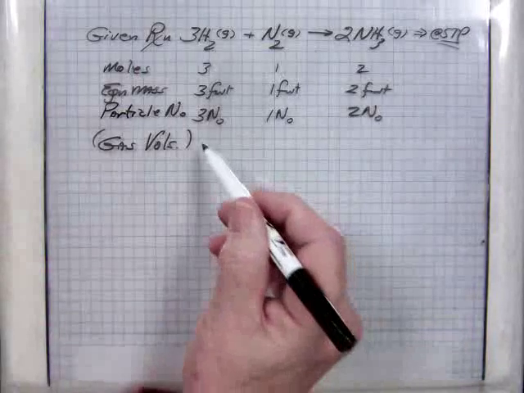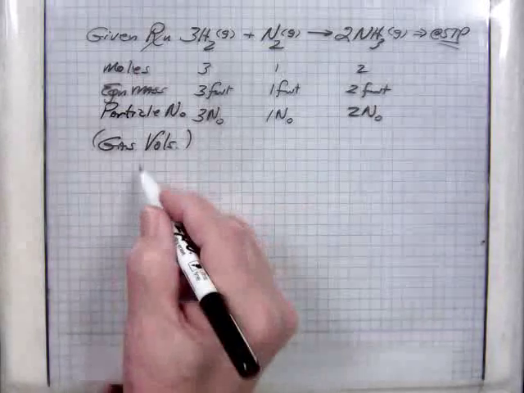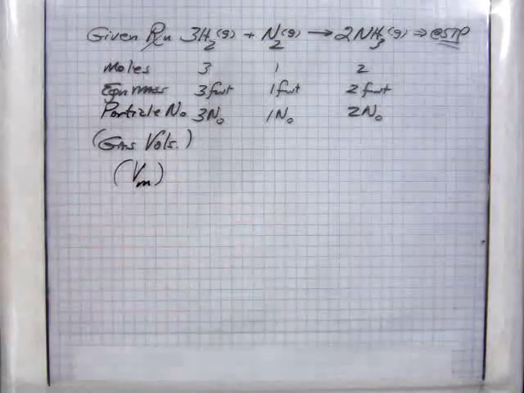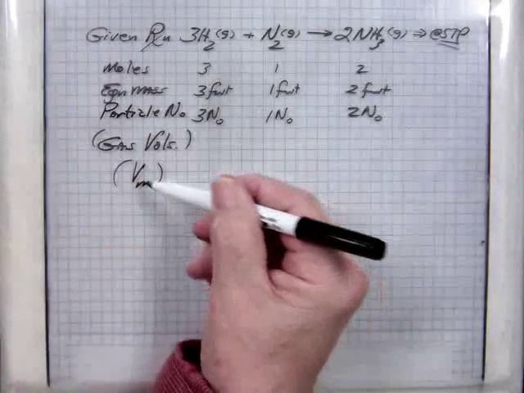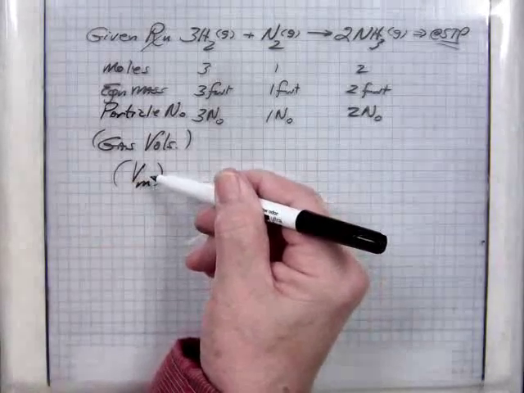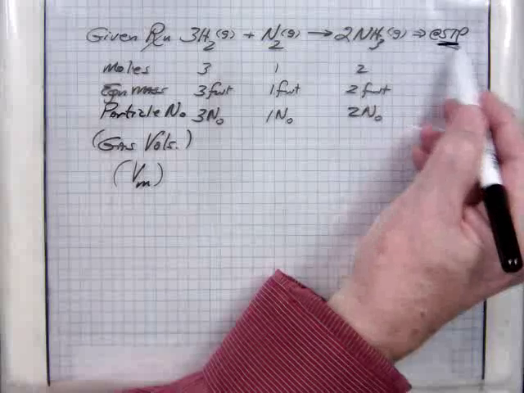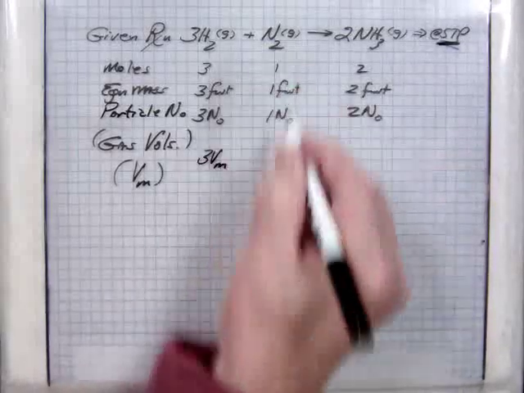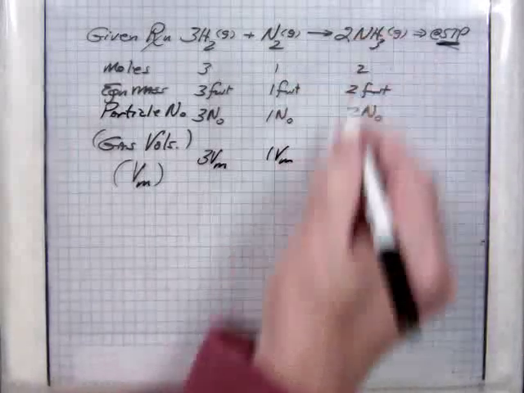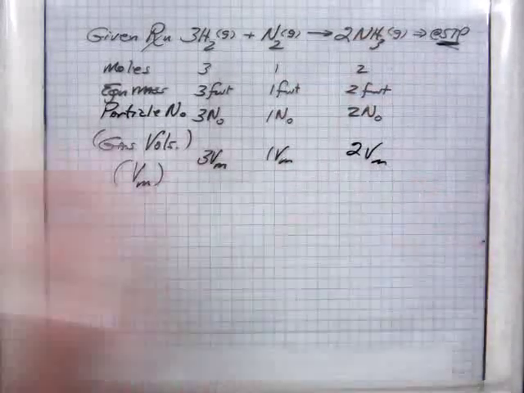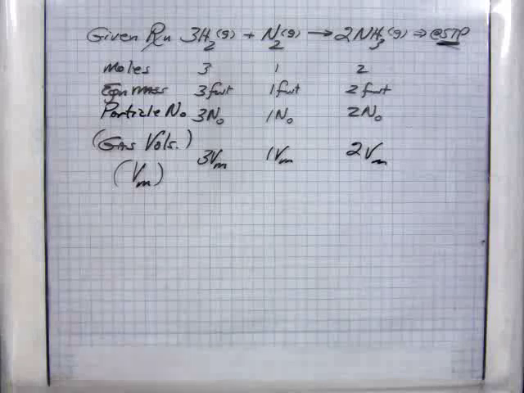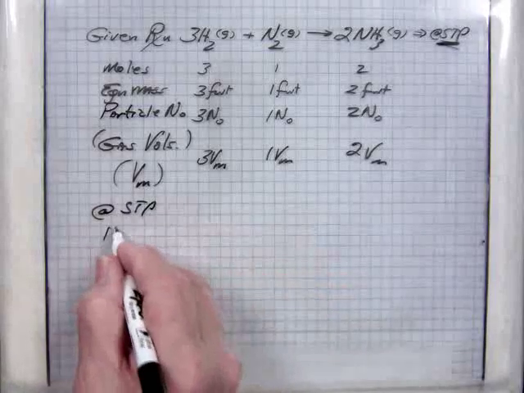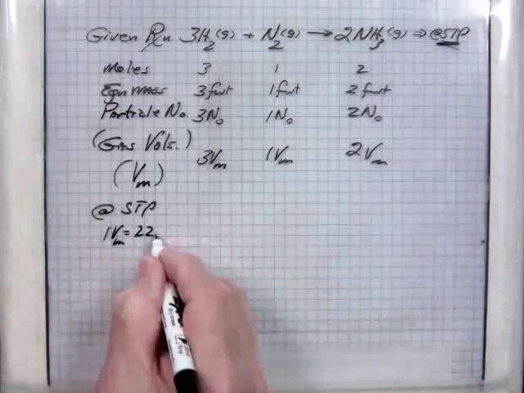Well, the same thing goes down here with gas volumes, except we use what we call the molar volume. This is the volume occupied by 1 mole of gas. Now, without defining conditions, we simply say this is 3 molar volumes, 1 molar volume, and 2 molar volumes. And at STP, 1 VM equals 22.4 liters.